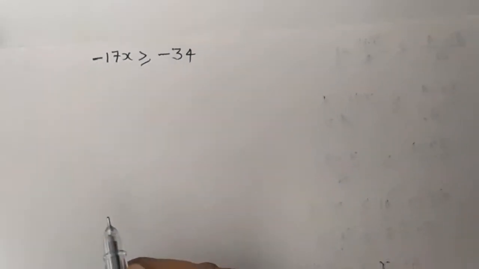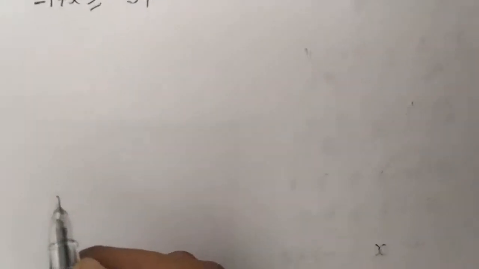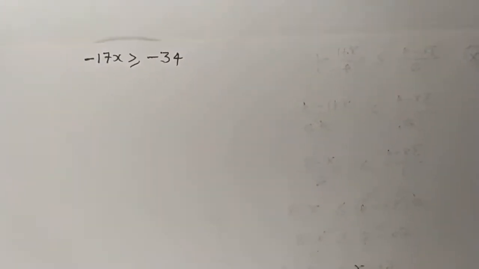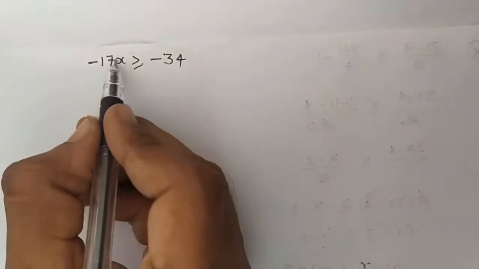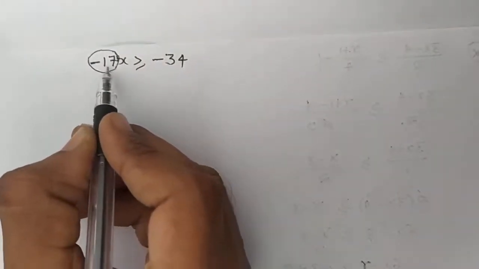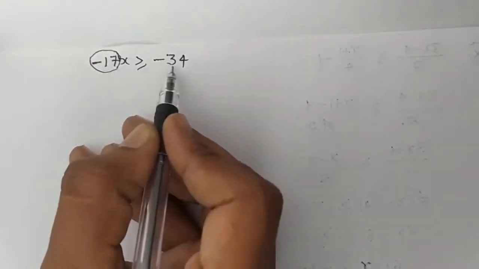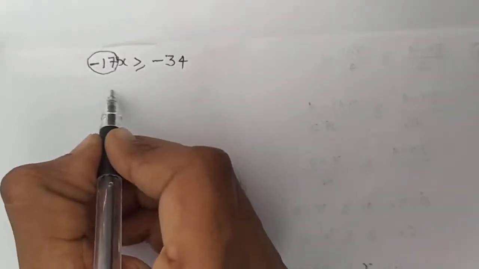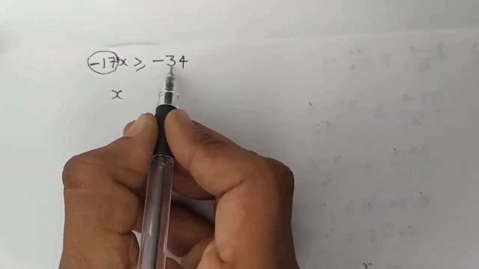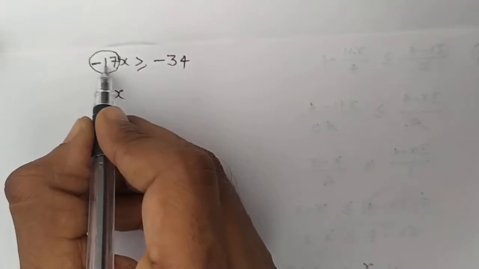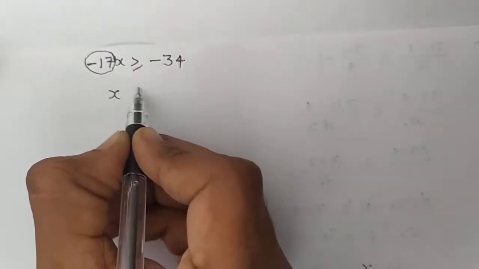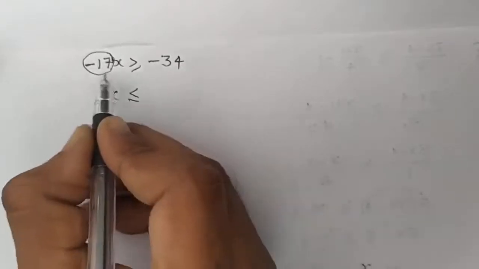Now be careful about multiplying or dividing with negative numbers. The x coefficient we have is minus 17. If we send this minus 17 to the right, it divides minus 34, a negative number, so the inequality changes its direction.